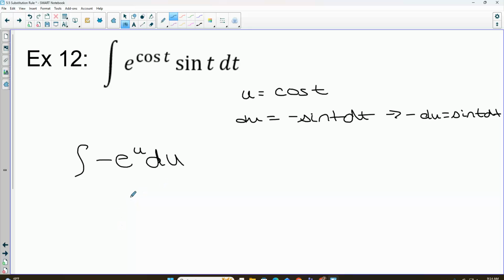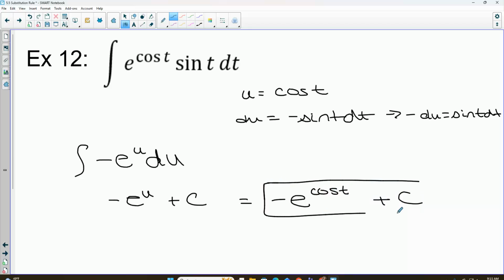So the antiderivative is still e to the u. The derivative of u is just 1, so we don't have to undo any chain rule. We just have to keep the negative in front. Since we don't have numbers to plug in, it would have to get a plus c, and then since I'm not plugging anything in, I have to put it back in terms of the original variable. So I have to plug in the cosine of t.